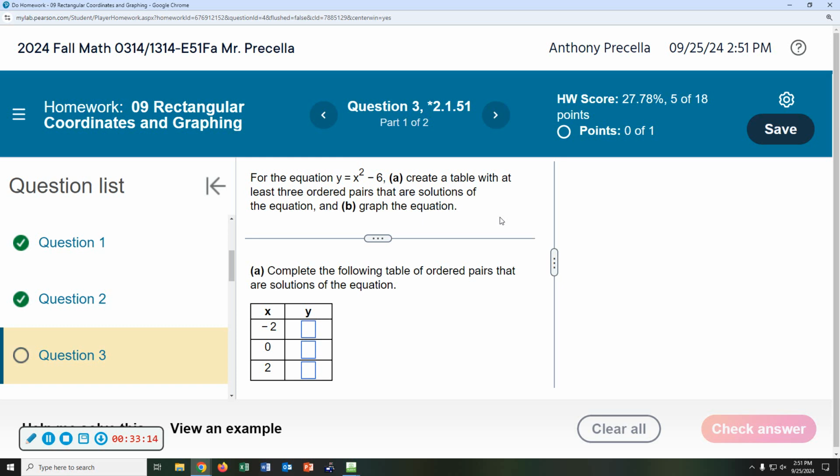And we have a table x, y. We're going to plug in -2 for x, then we're going to plug in 0 for x, and then we'll plug in a +2 for x.